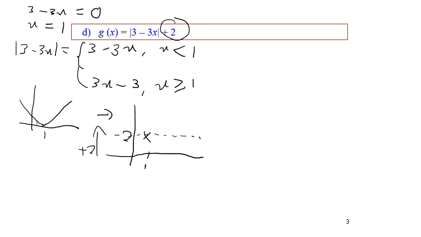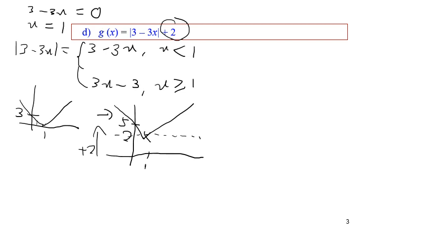So before this, the intercept here is at 3, because 3 minus 3 at 0. So this is 3. Since here we already go up by 2, the intercept here would be at 3 plus 2, yes, 5. So our new graph should be like this.